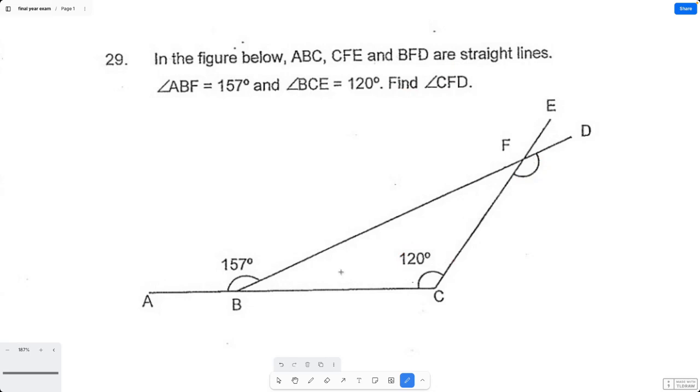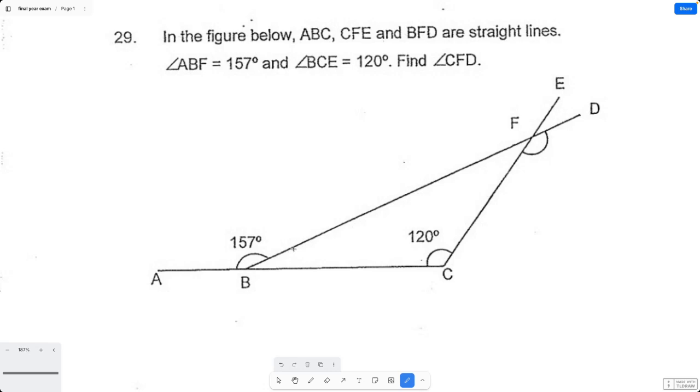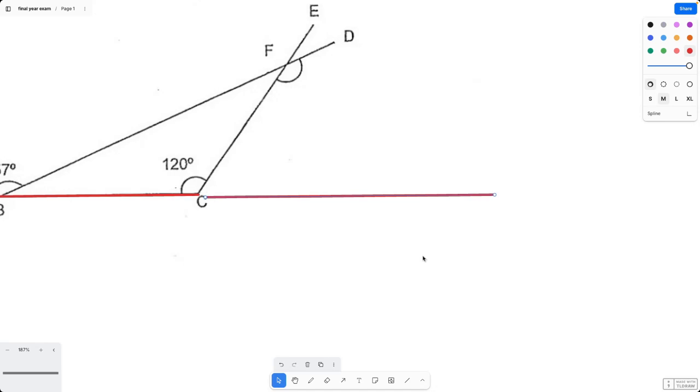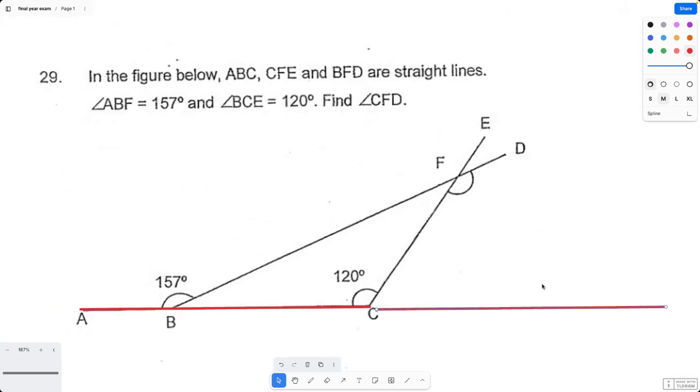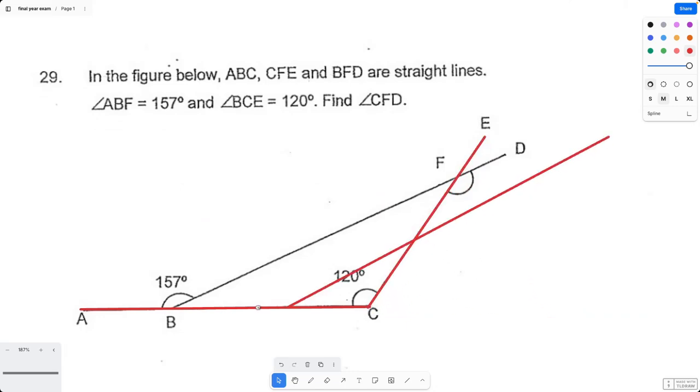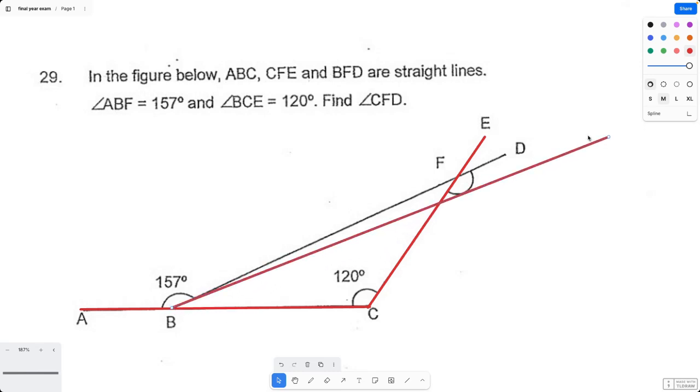So let's go through CFD. First we want to know what a straight line is. We know ABC is a straight line, CFE is a straight line, and BFD are also straight lines.